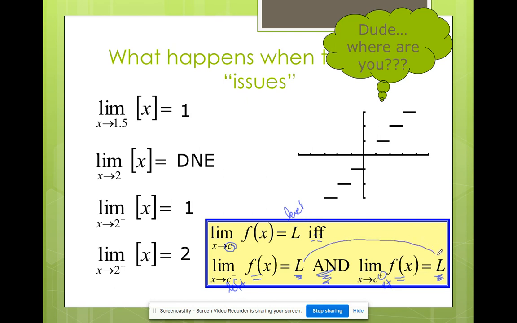Only when these two values match does the overall limit exist and is that same level, right? So they call that the left-hand and right-hand limit. If the left-hand limit equals the right-hand limit, then the overall limit exists.